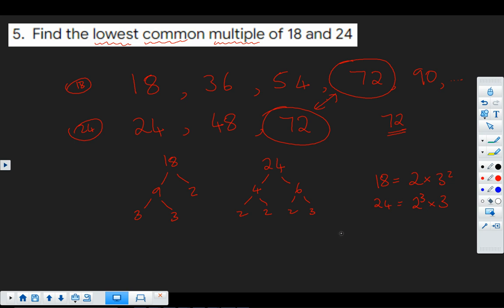Now we're going to find our lowest common multiple by taking everything that's in these two combined, but not counting anything twice. So let's deal with the 2s. Well, the biggest power here is 2 cubed, so I don't need to worry about this 2 because it's included in here.